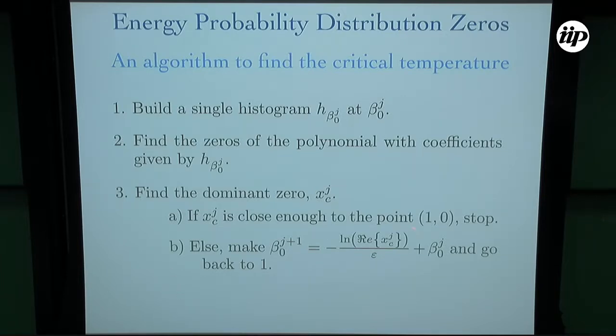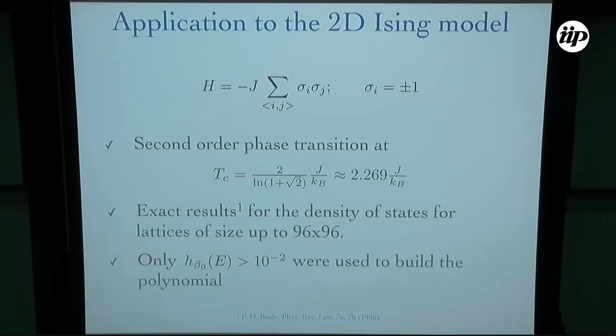And if it's close enough to the point 1, 0, you are at the critical temperature, but otherwise you can make another estimate of the critical temperature using the distance between this dominant 0 and the point 1, 0, okay?